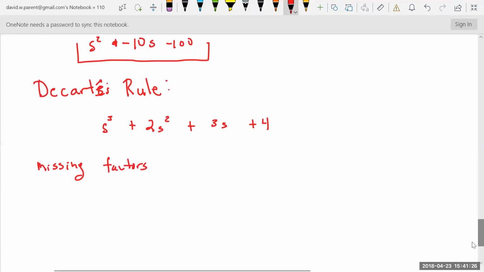So if I had s cubed and I didn't have the s squared, or I didn't have the s, or I didn't have the constant, there's going to be a positive root, and it'll be unstable. There's another one where you just put in 1 for s. So you would have 1 cubed plus 2 times 1 squared plus 3 times 1 plus 4, and then count the sign changes.